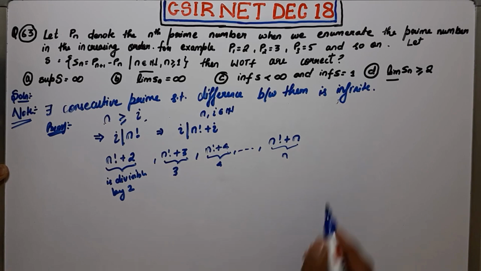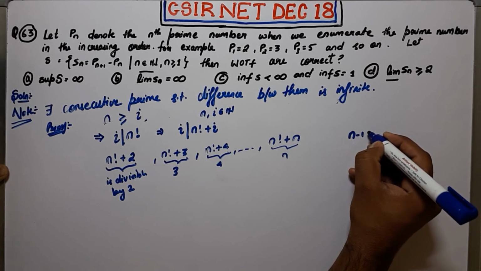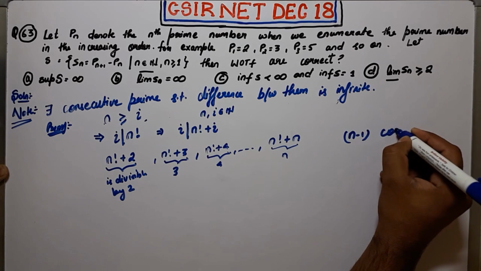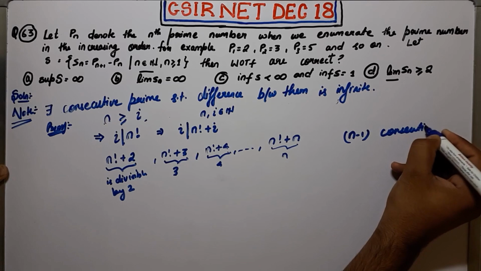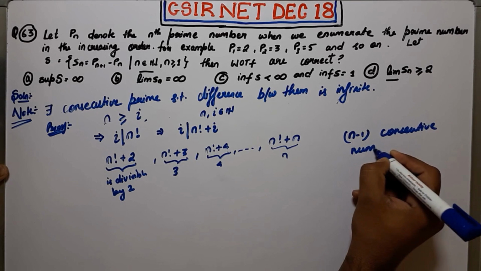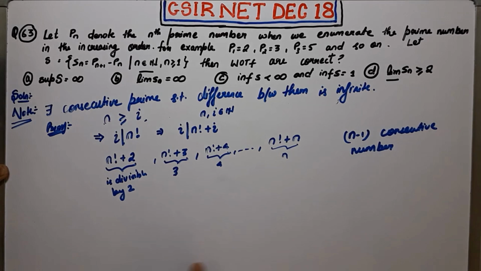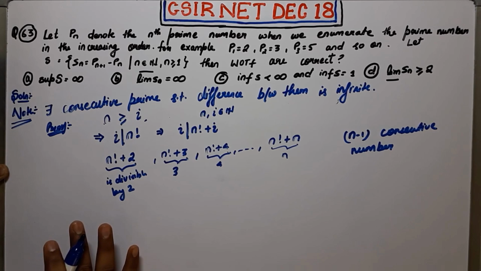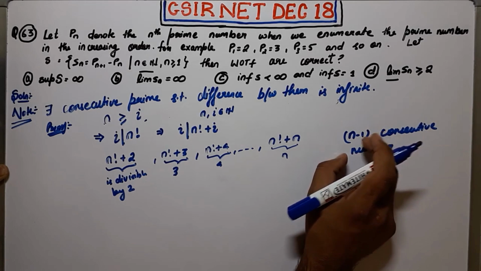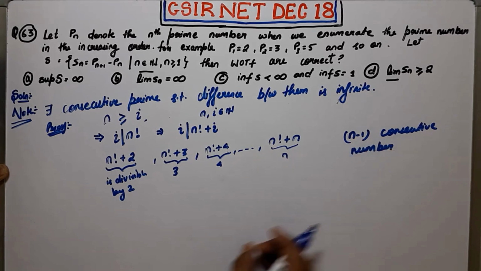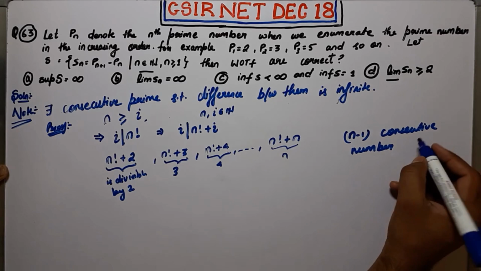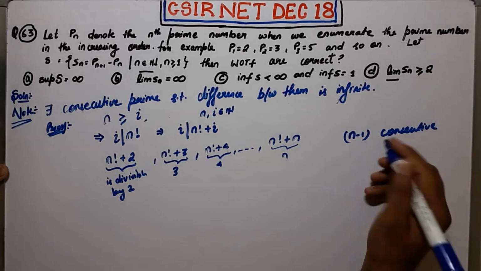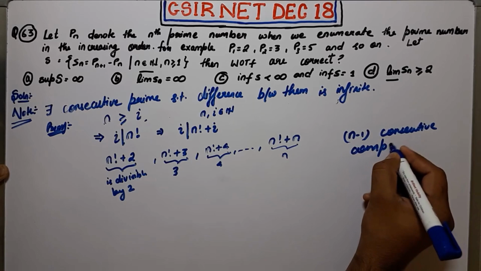So we got a sequence of n minus 1 consecutive composite numbers. If n is large enough, then we can get a sequence of n minus 1 consecutive composite numbers.